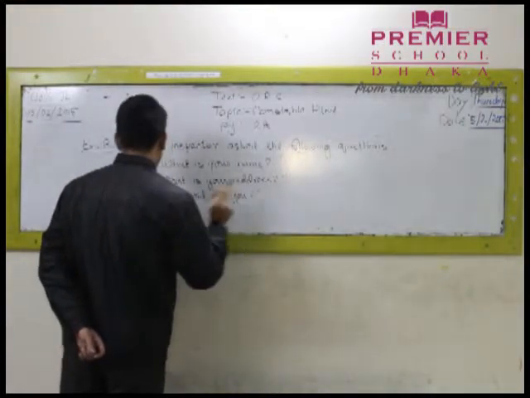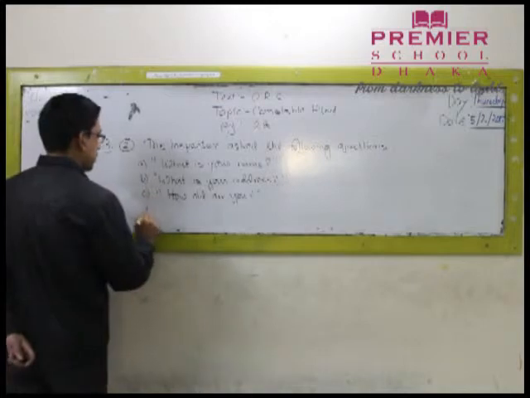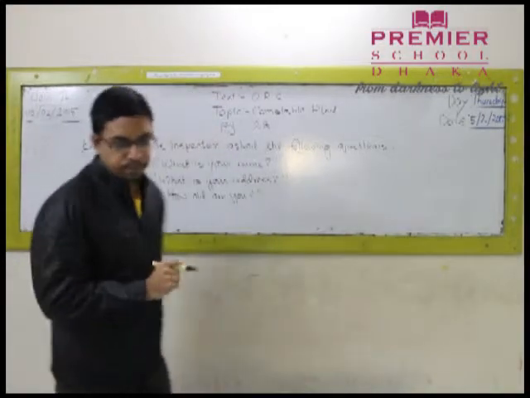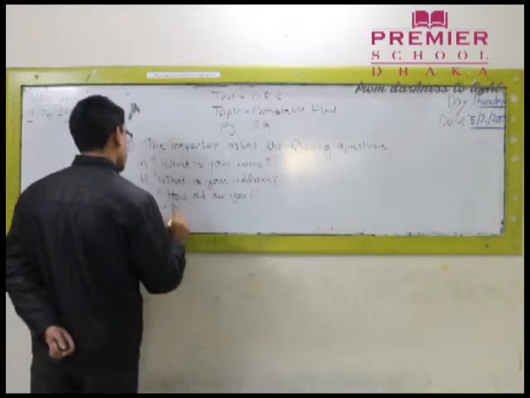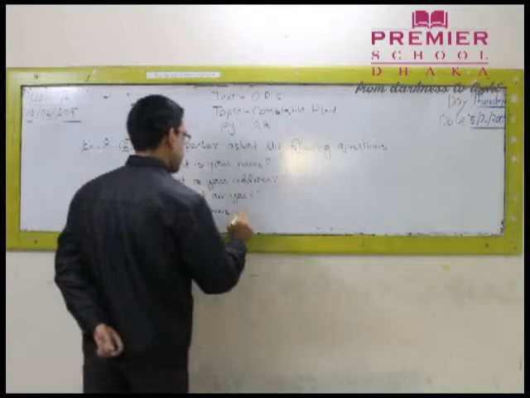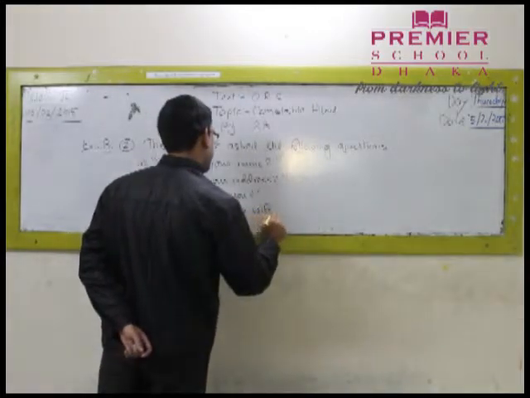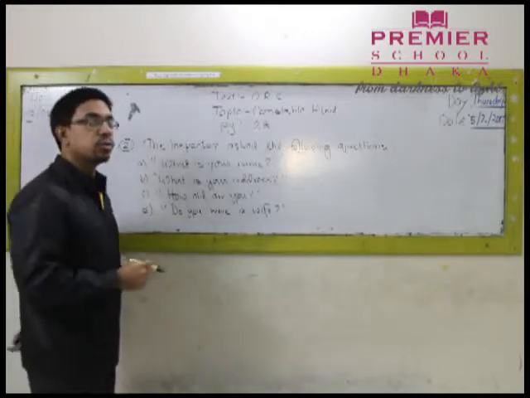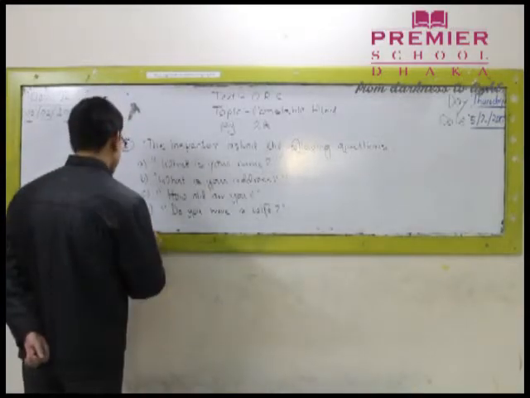Then followed by D, which was, do you have a wife? So the inspector was asking about his family too, if he did have a family.